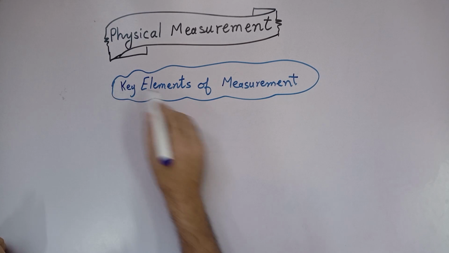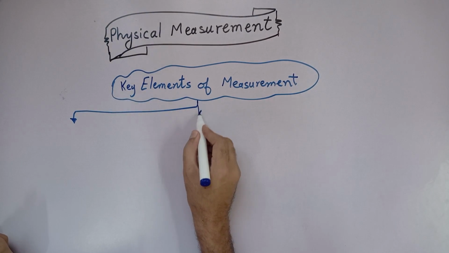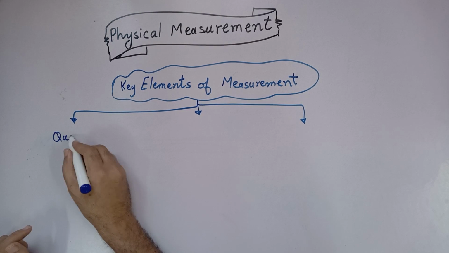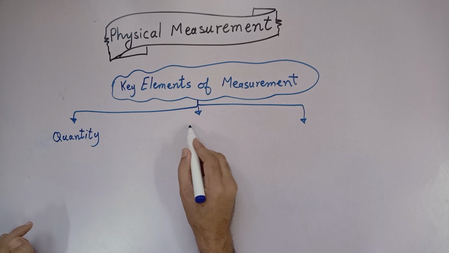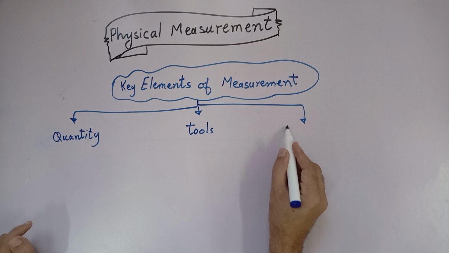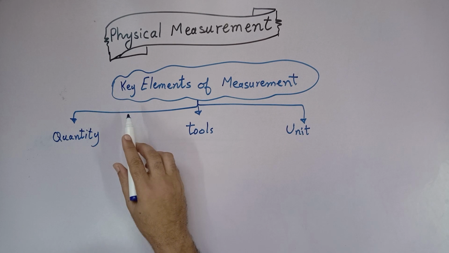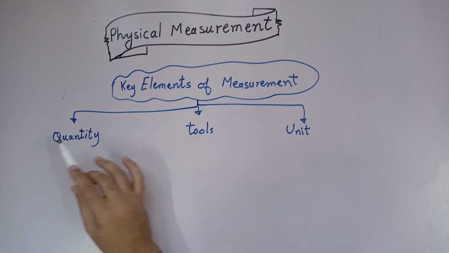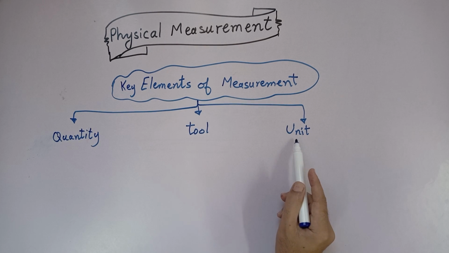If you want to measure something, you have to have 3 key elements: quantity, the second is tools, and unit. The 3 key elements of measurement: quantity or physical quantities, tool, and unit.